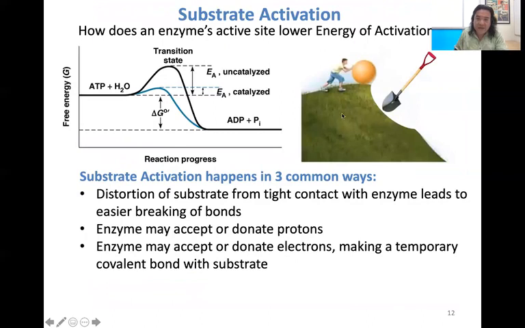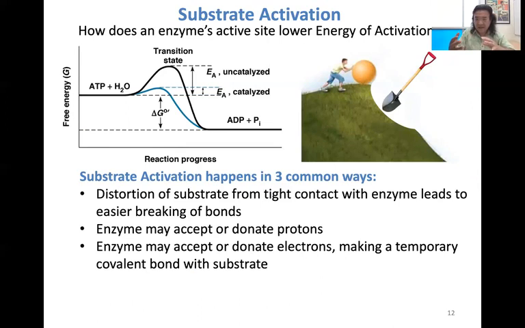So this is what we're talking about then, right? You can think about an enzyme as essentially lowering the amount of energy required for something like a bond to break. And that can happen by distorting the shape of the substrate molecule, which is what we just looked at in the previous example.